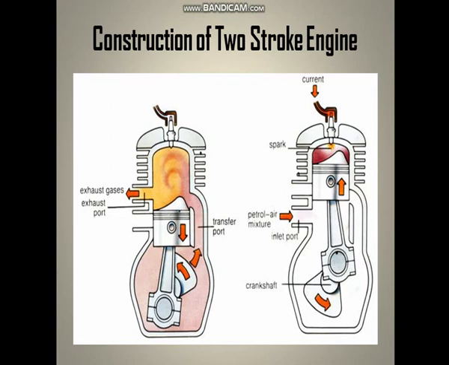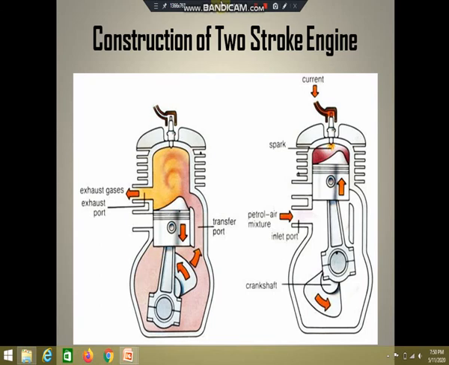So during the downward movement of this piston, the exhaust process will also be done, and the intake process will also be done. So we can say that in the two-stroke engine there are two strokes, one is the upward stroke and another one is the downward stroke.